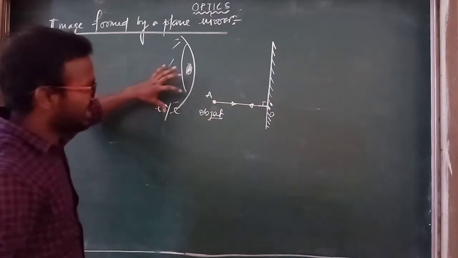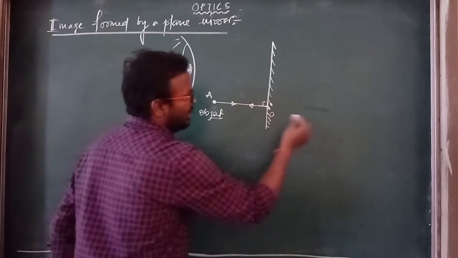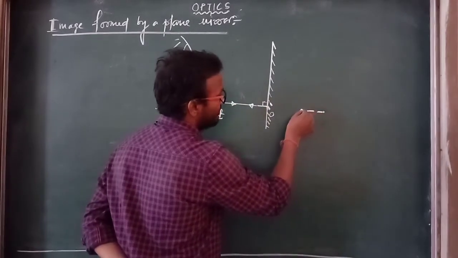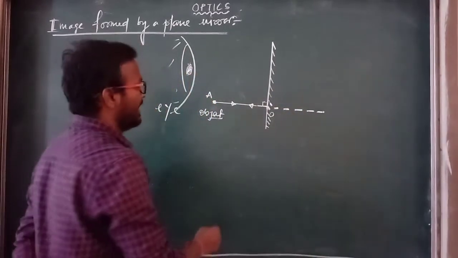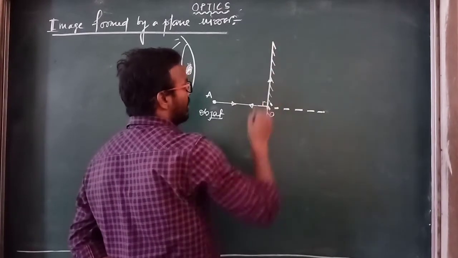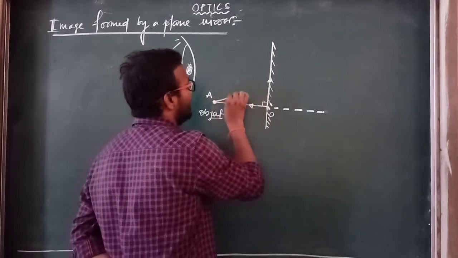If you observe from this side, it appears that the reflected ray is coming from this point. Clear? Again, take another point on the plane mirror and incident another ray here.